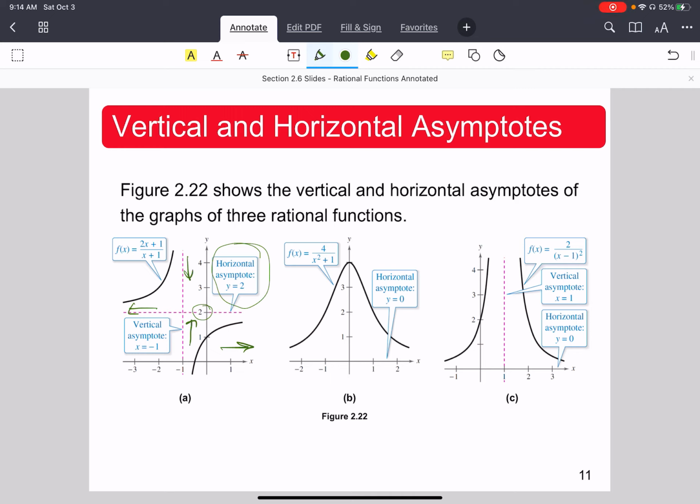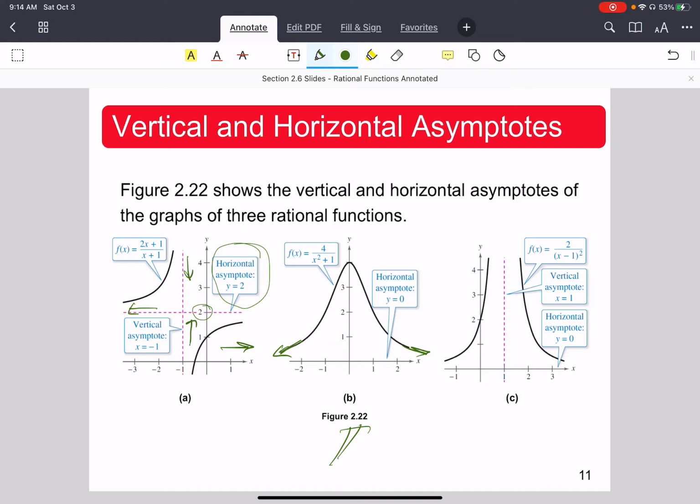Same idea on the one in the middle. You realize that there is a horizontal asymptote y equals 0 because the curve is never going to touch the x-axis. And on the picture on the right, realize part B doesn't really have a vertical asymptote like A did.